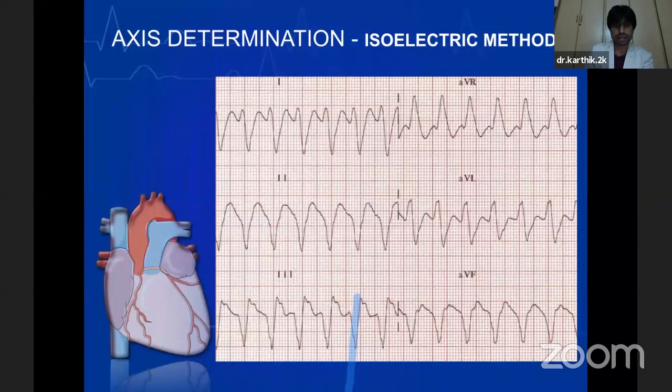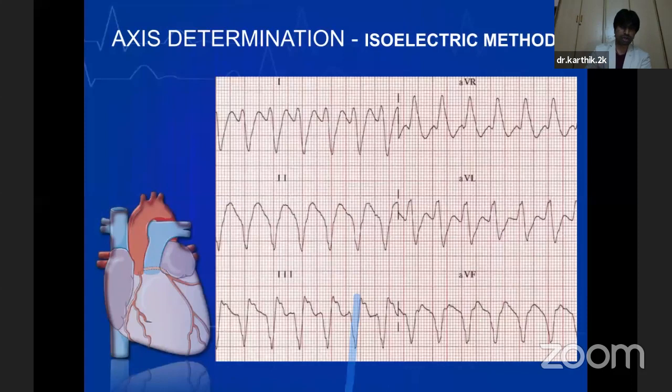Similarly, you can see that the QRS is predominantly negative in lead 1, lead 2, lead 3 and lead AVF. They're all negative, and it's prominently positive in AVR and more positive in AVL, or maybe isoelectric in AVL. So if AVL is isoelectric, all the remaining leads are negative and AVR is positive, that means the axis is going counterclockwise.